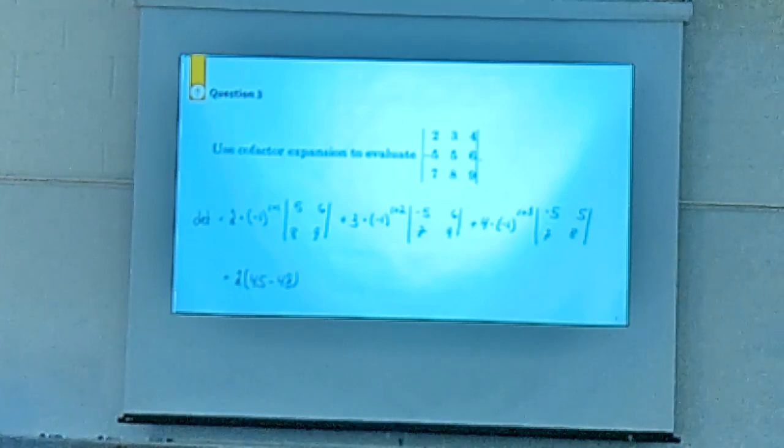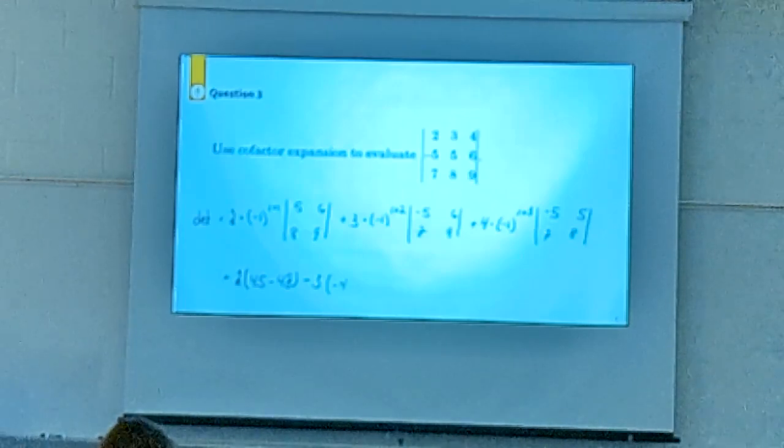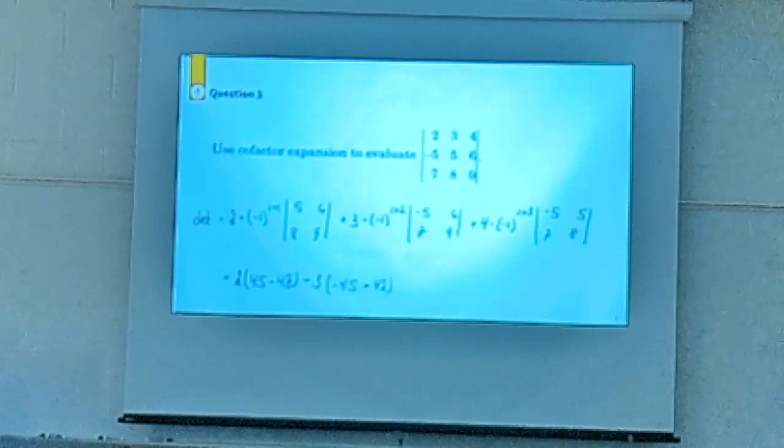Negative 1 to the 1 plus 2 is negative. Minus 3 times, what is that, negative 45 minus 42. And then negative 1 to the 1 plus 3, positive 1 plus 4, negative 40 minus 35.